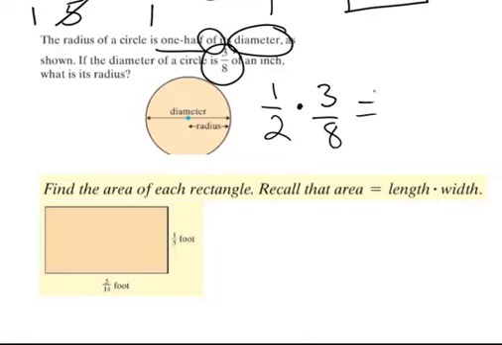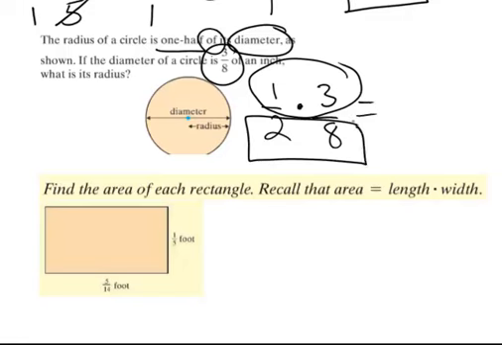Now remember, when I multiply fractions, I go straight across. When I'm going to reduce, I have to ask myself, will any of the numbers on the top reduce with any of those numbers there? Since they don't, I'm just going to go straight across. That's going to leave me with 3/16 of an inch.